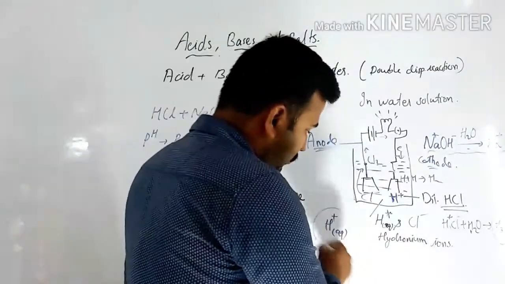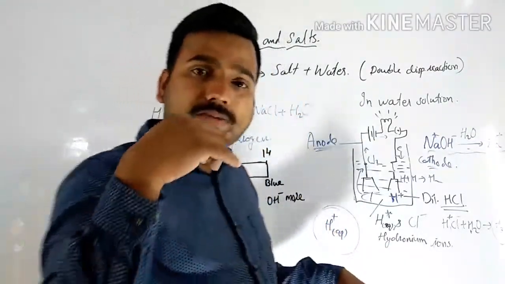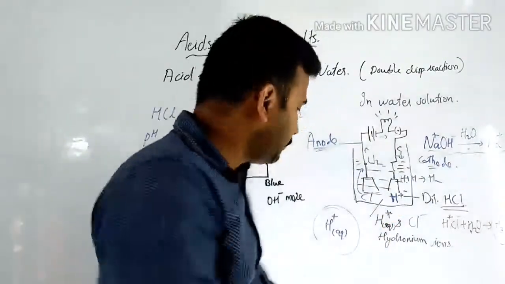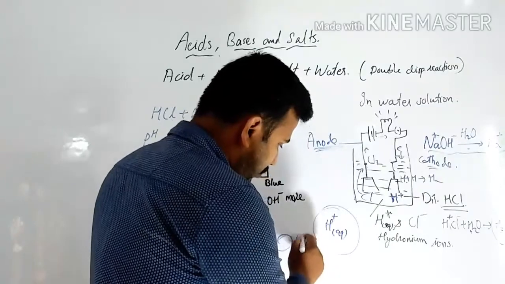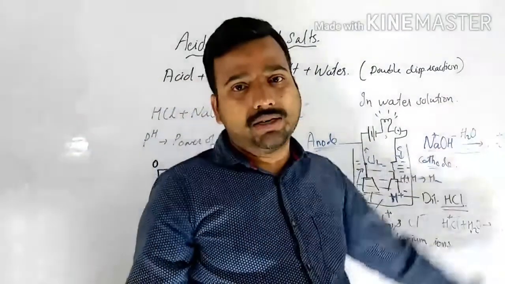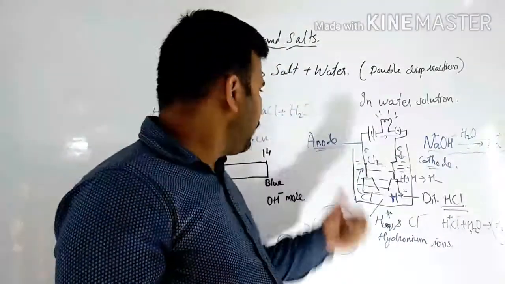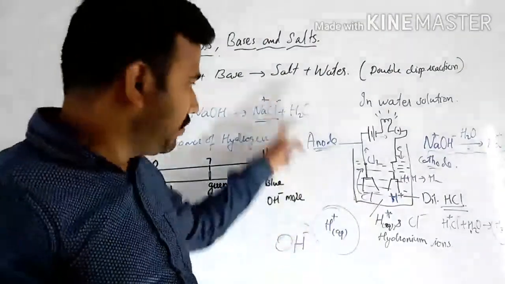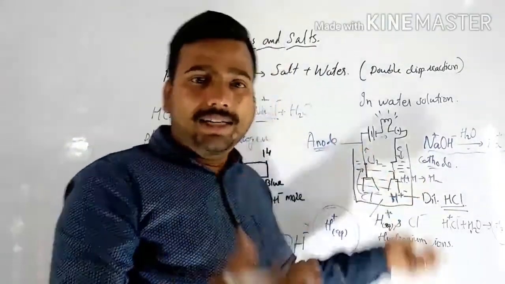H plus ions are produced by acids when dissolved in water, and similarly OH minus ions are produced by bases when they are dissolved in water. At the same time, we can also see here NaCl, Na plus and Cl minus. Even salts also conduct electricity.